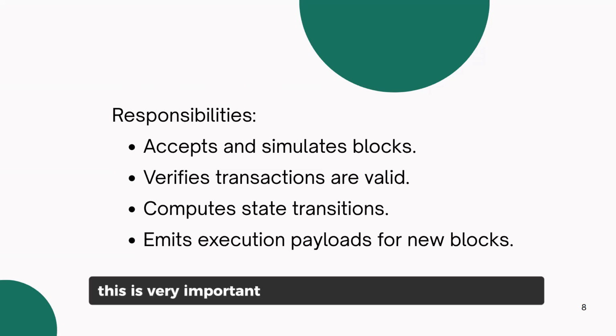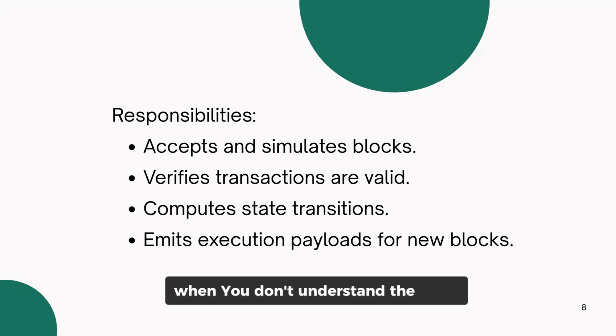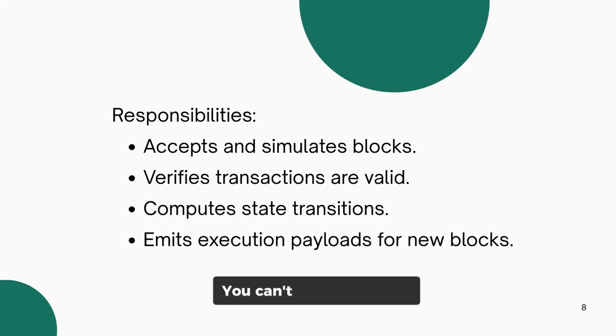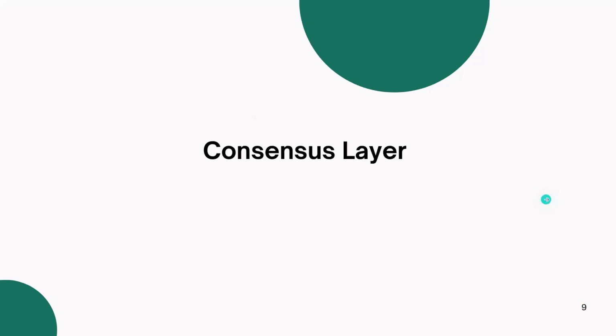This is very important because you can't build or write any code when you don't understand the logic. You can't write a code logic that describes block validation within the execution layer when you don't understand the entire logic. That's the reason why this is very important.